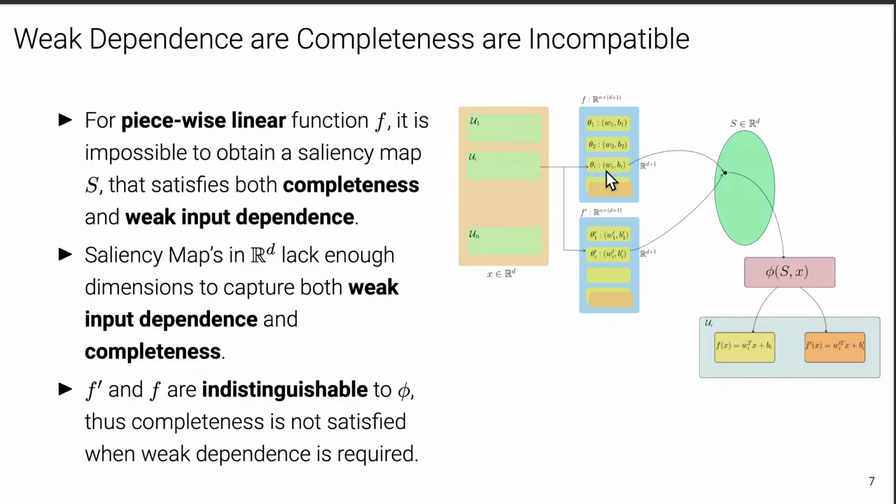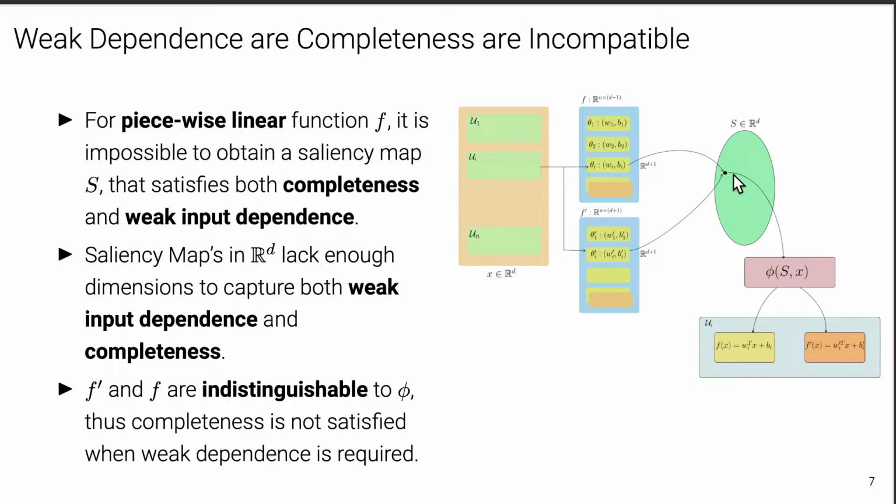Because of our weak input dependence, we map to a particular saliency map in d dimensions, which is the same dimension as the input. So when we map from these d plus 1 dimensions to d dimensions, we end up creating a many-to-one map.